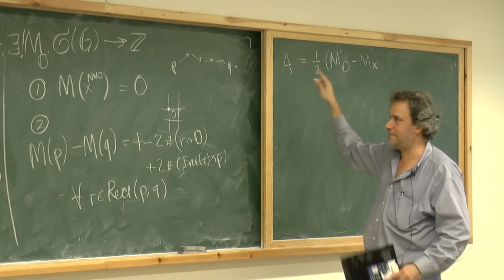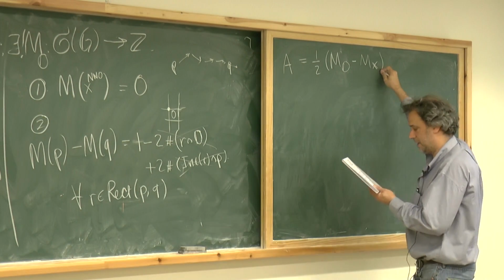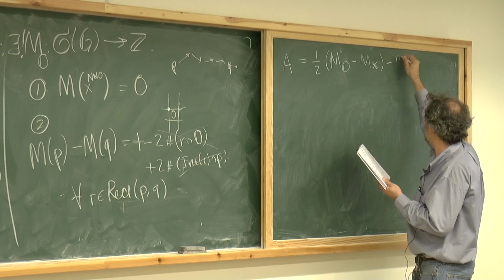I could imagine defining the same grading with respect to the X markings. So now I'm going to take the difference of those, and normalize it by n-1/2.